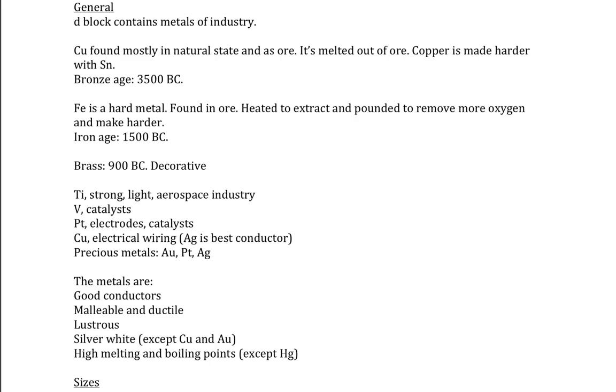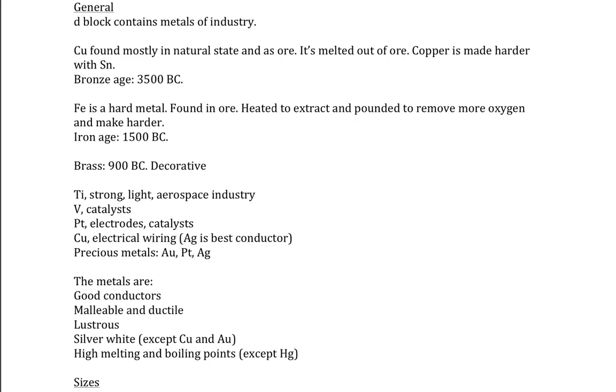And so iron is found as an ore, so there had to be ways to get it to go from iron 2 plus or iron 3 plus to iron the metal. It took very high heat, that took more sophistication for people to develop that technique. So brass was common from around 900 BC and beyond.